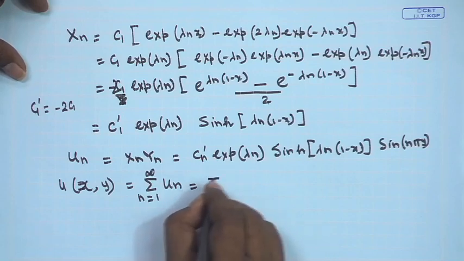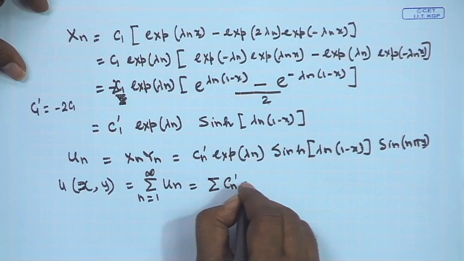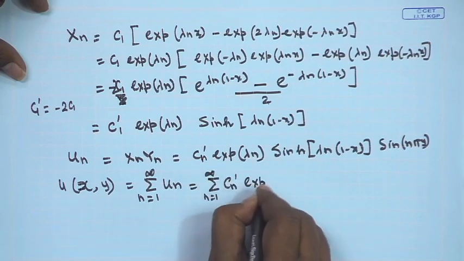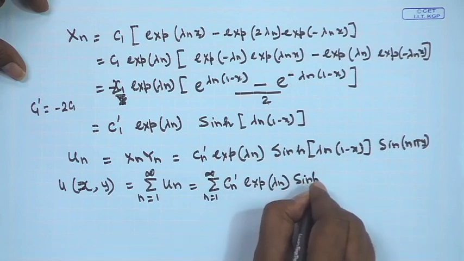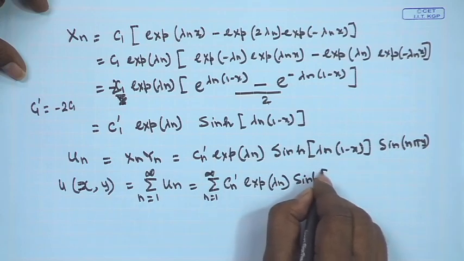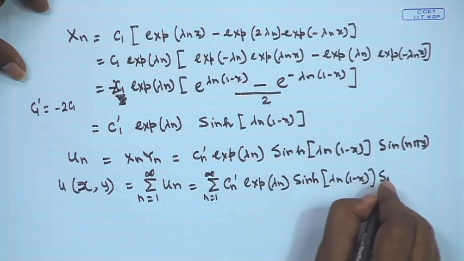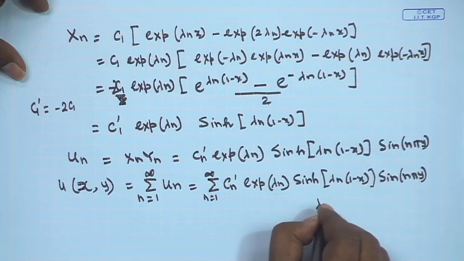So, summation of C n prime, n is equal to 1 to infinity, exponential lambda n sine hyperbolic lambda n (1 minus x) sine n pi y, where lambda n is nothing but n pi. Okay.